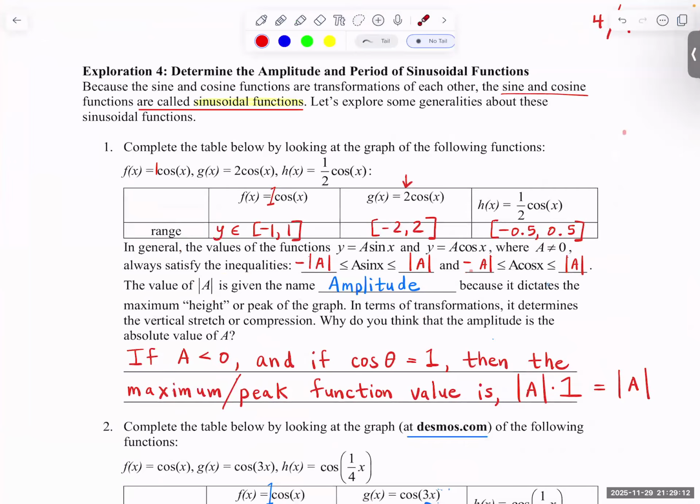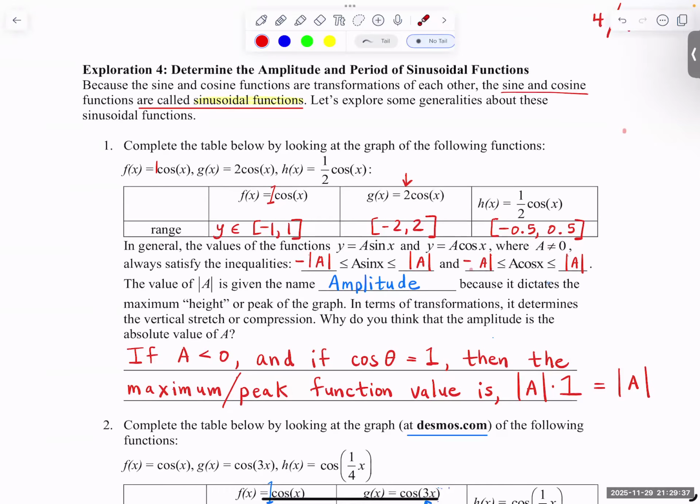So filling in the table here, we have the range on the basic cosine function is -1 to +1. Function g's range is -2 to +2, which is related to the coefficient capital A. And function h's range is -0.5 to +0.5.